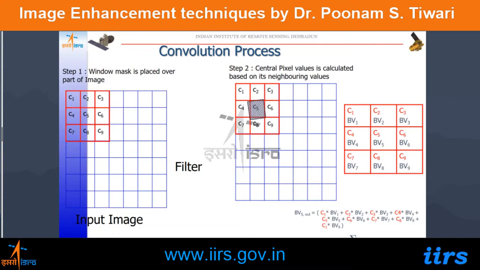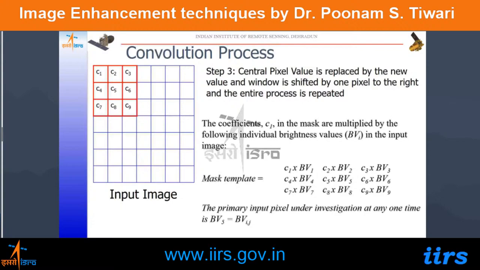So for this central pixel, the brightness value is calculated. Now the central value is replaced by the new value and the window is shifted by 1 pixel to the right and the entire process is repeated.